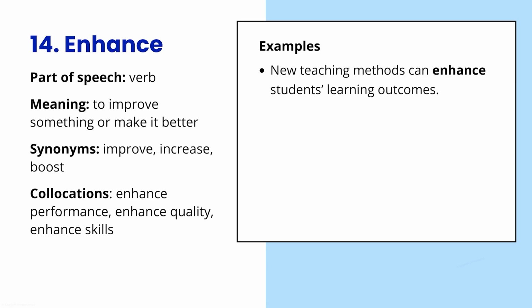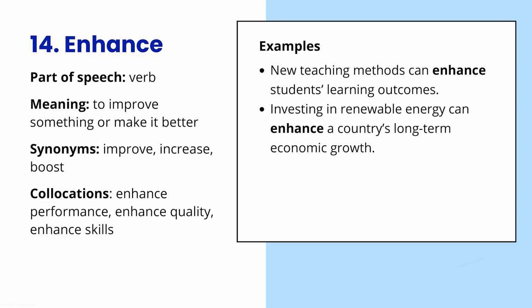New teaching methods can enhance students' learning outcomes. Investing in renewable energy can enhance a country's long-term economic growth. So this just means that if governments invest in this type of energy, well, it can improve a country's economic growth. So enhance is a great word to use instead of using very simple words like improve or make better.